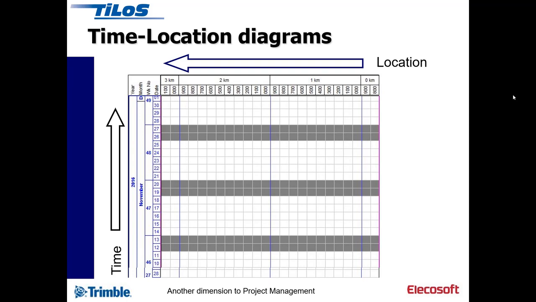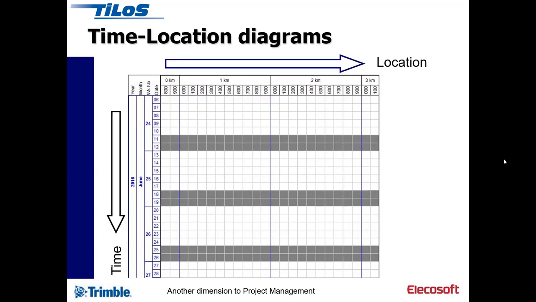It doesn't matter if the time goes down, if the early activities are at the top or the early activities are at the bottom. That's purely a preference, and it's just a switch, a tick box to change the two around. But when you've got the same activities as we saw a minute ago, we've got more information that you can only see and understand and convey and think about in the planning process against the distance axis.